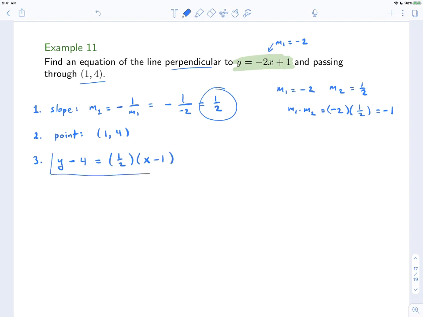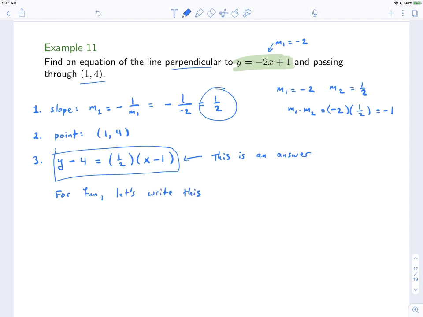Okay, and this is actually a sufficient answer. So this is an answer. But again, for fun, let's write this in slope-intercept form.